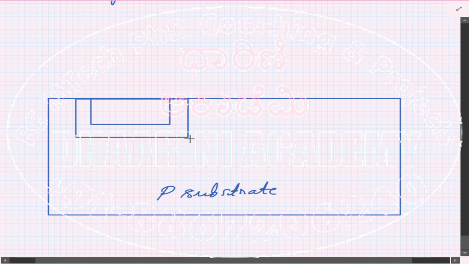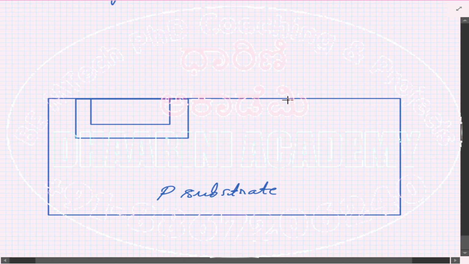Depletion region refers to the junction, right? If a junction is forward biased, you have a smaller depletion layer. If the device is reverse biased, it has a thicker depletion region.